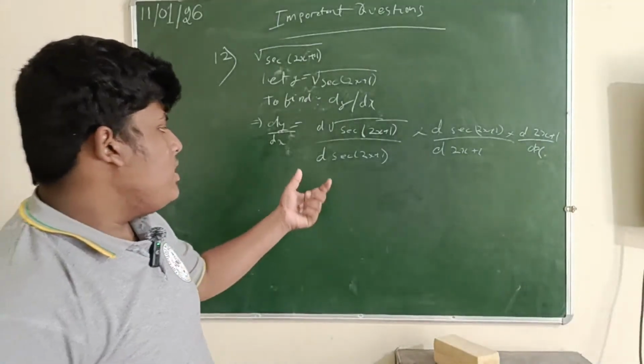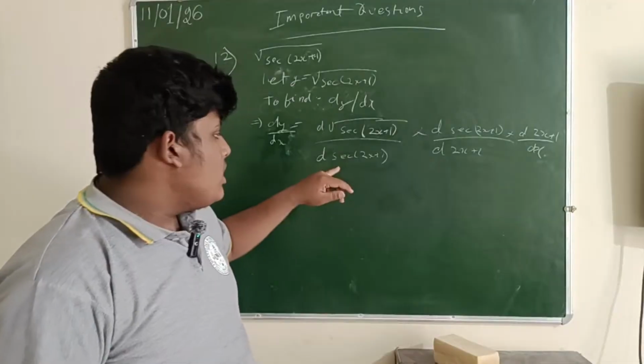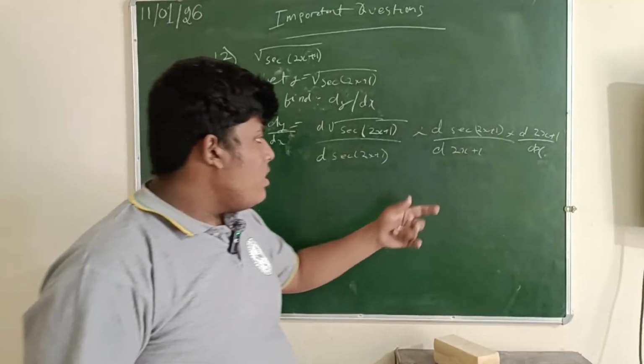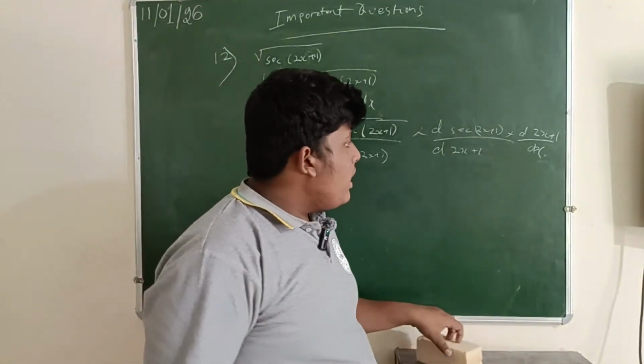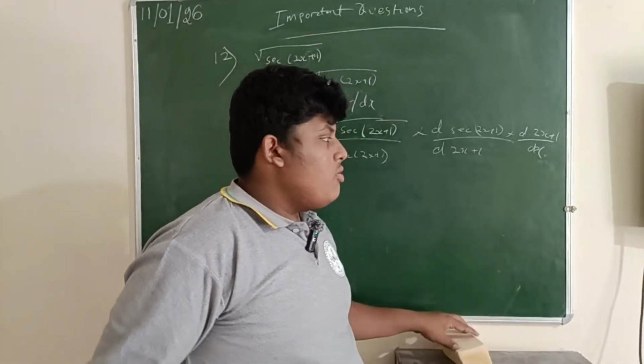So here we have differentiated d root over of sec 2x plus 1 with respect to d sec 2x plus 1, into d sec 2x plus 1 with respect to d 2x plus 1, into d 2x plus 1 with respect to dx.